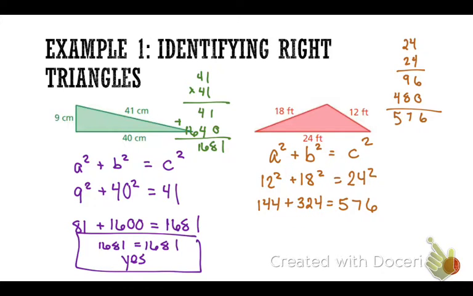Very good. So 468. Does that equal 576? No. Put a line through the equal sign and say no. Now here's the downside. If you solve this, but you do the math wrong, let's say you have different numbers in your equation and you still say no, just because you said no doesn't mean it's right.